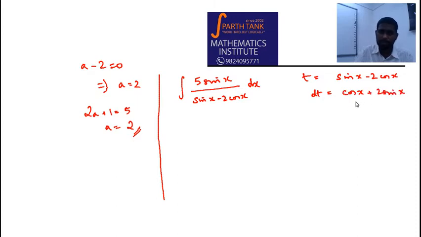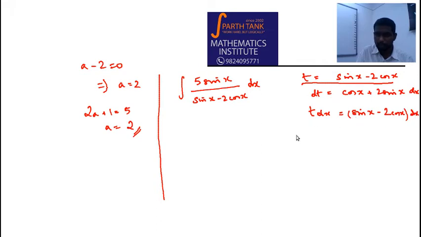Now you search whether you can write any of this as a combination of t and dt. Of course there is a dx. If I take this one and multiply by dx, I can get t dx is equal to sin x minus 2 cos x dx, right?